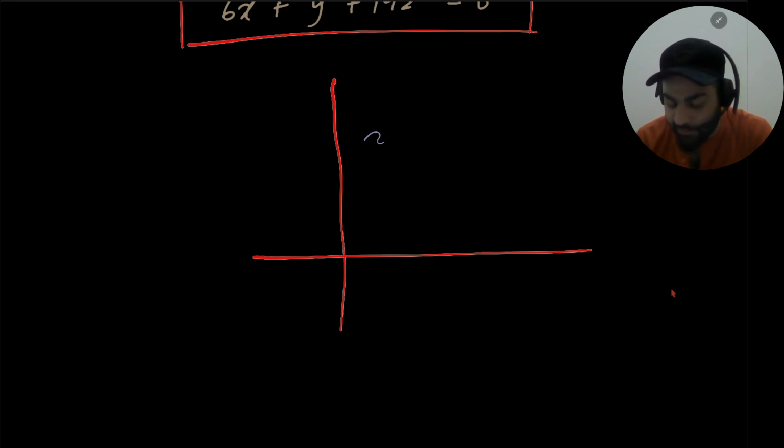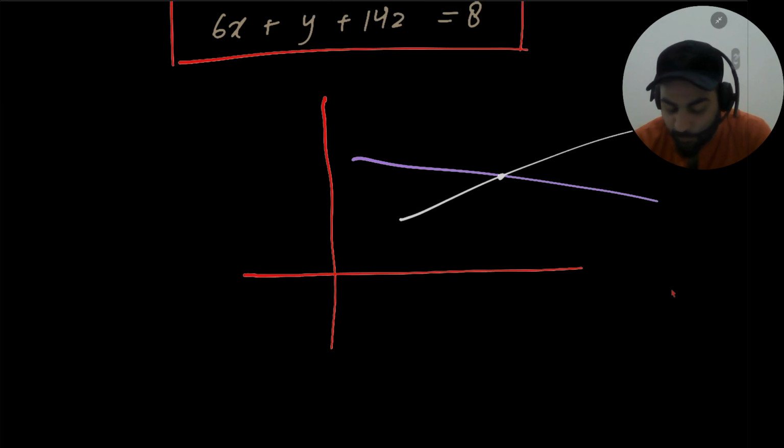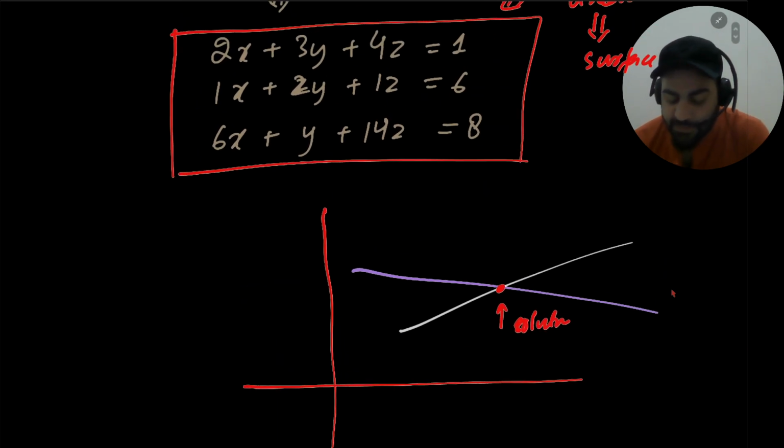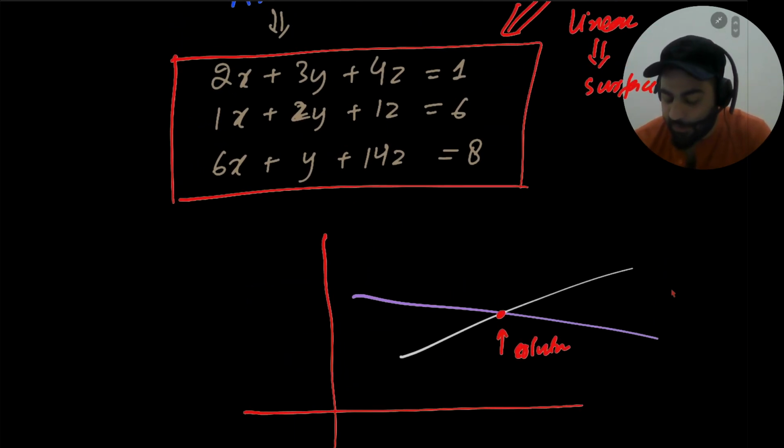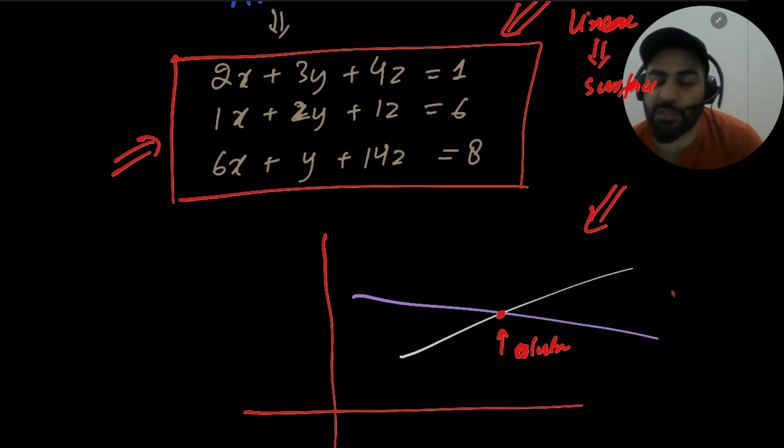If you have a line like this, and another line like this, this was the solution, the point of intersection. We told that this is the solution of these two lines where they intersect. I told you that in a similar way in 3D we have planes. Beyond 2D and 3D we cannot basically visualize things, but algebra gives the tools by the help of which you can solve these equations.